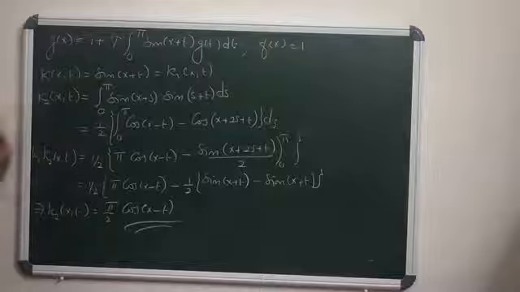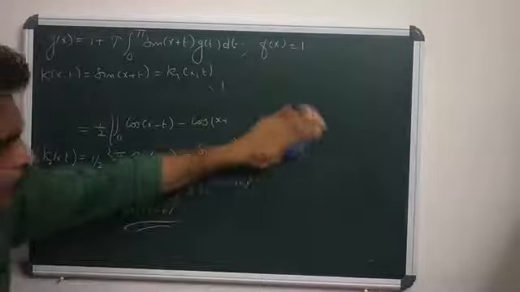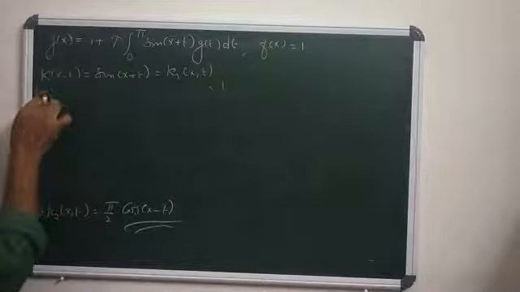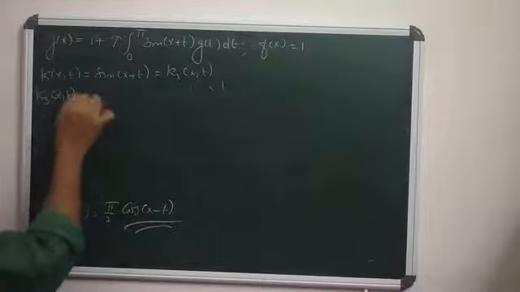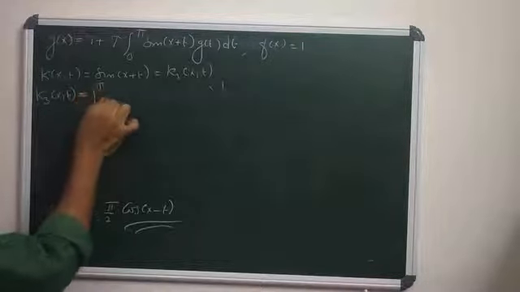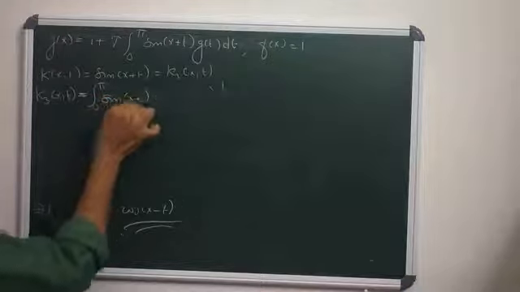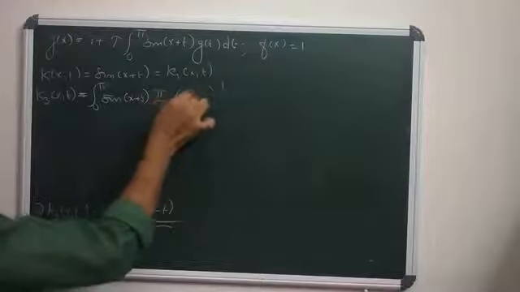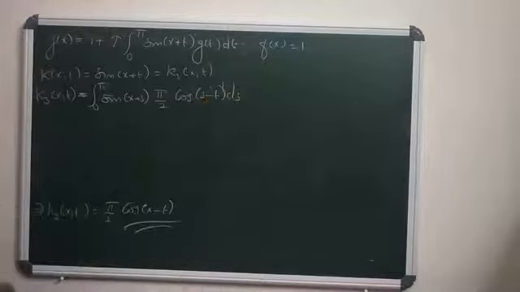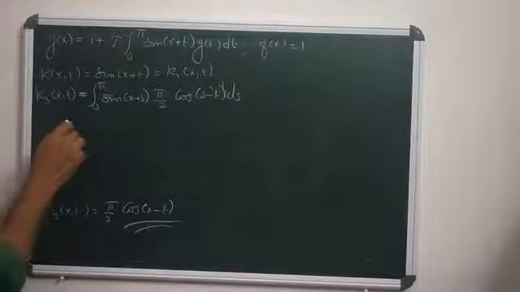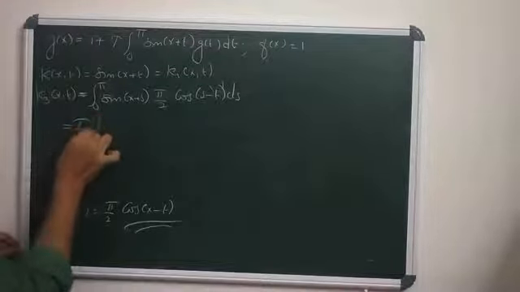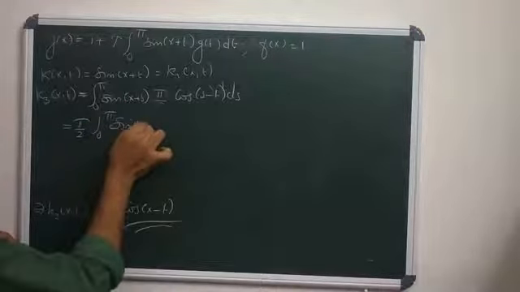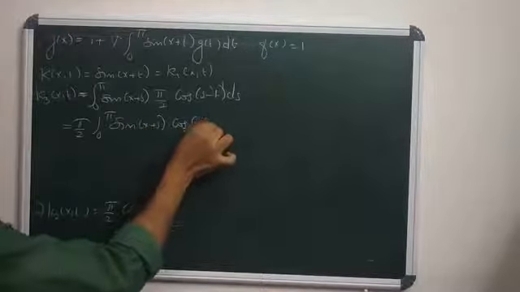Now you can find k3(x,t). k3(x,t) equals the integral from 0 to pi of k(x,s), that is sin(x plus s), times k2(s,t), which is pi by 2 cos(s minus t), ds. So it equals pi by 2 times the integral from 0 to pi of sin(x plus s) cos(s minus t) ds.